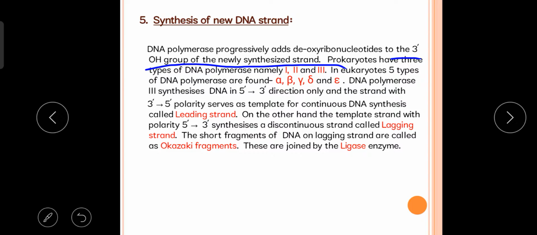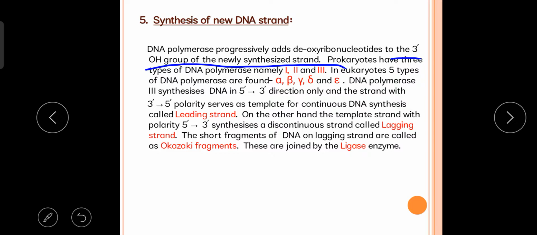Remember, DNA polymerase 3 always adds nucleotides to the 3' hydroxyl end of the DNA, not to the 5' end, and that is why the new strand always proceeds from 5' to 3' direction.